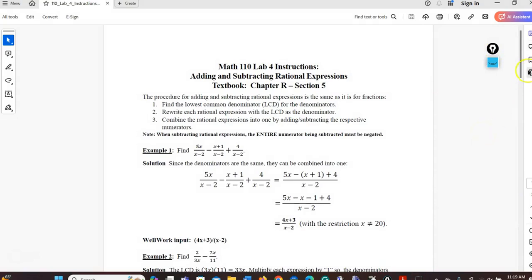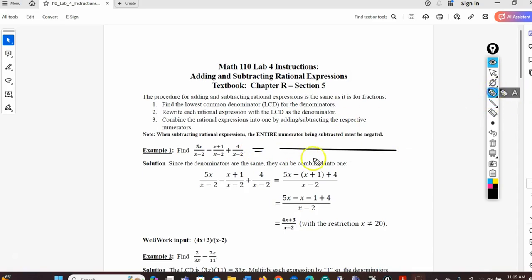So if we have something that already has the same denominator, like this one does, well, we can just put them all together. You just have to be careful. I'm going to have 5x, and then I'm going to have minus x plus 1, and it's minus all of that.